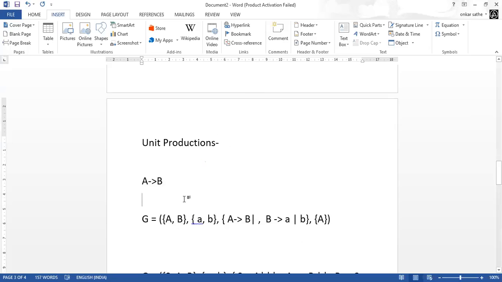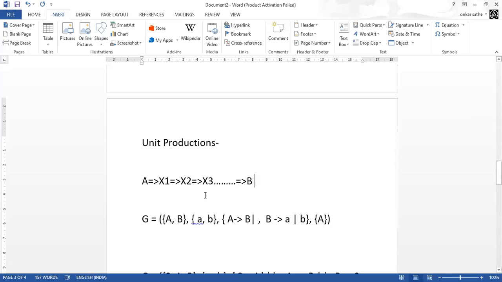First one, if the context-free grammar has a unit production of the form A gives B, or if there is a chain of unit productions of the form A derives x1, which derives x2, which derives x3, and so on, which derives lastly b. So if there is a chain of unit productions, then we have to eliminate such unit productions from the given grammar.